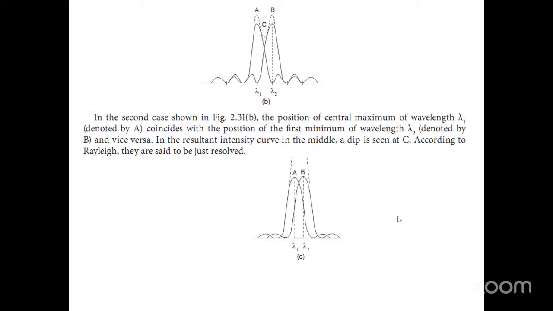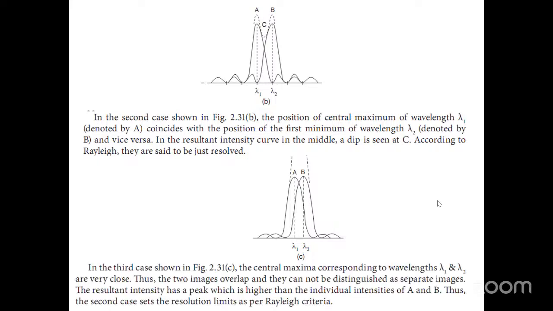Next, what do you mean by figure C? Figure C indicates that the central maxima corresponding to wavelengths lambda 1 and lambda 2 are very close to each other. Then these two images overlap and cannot be distinguished as separate images.